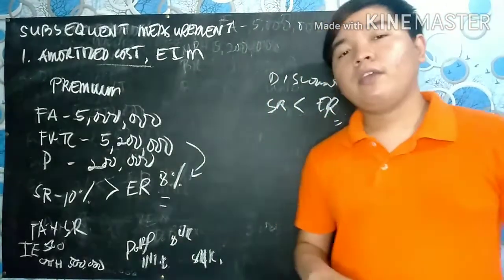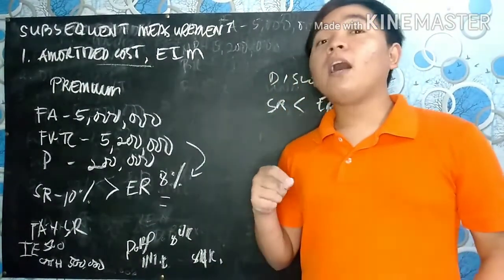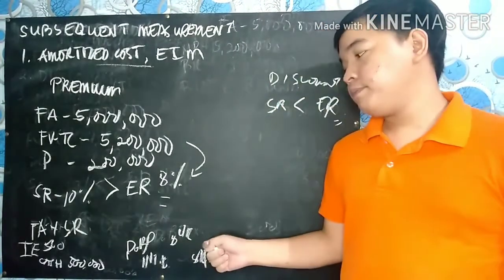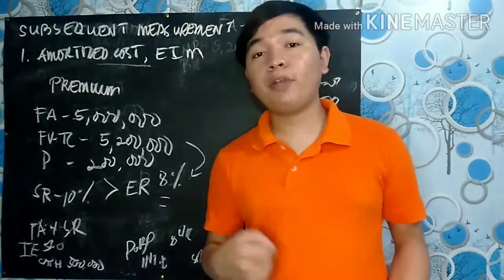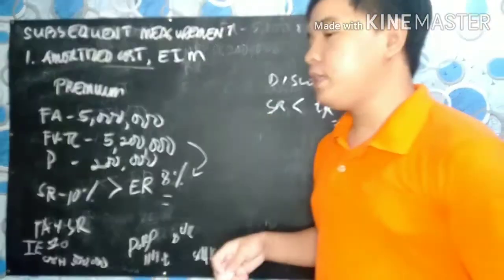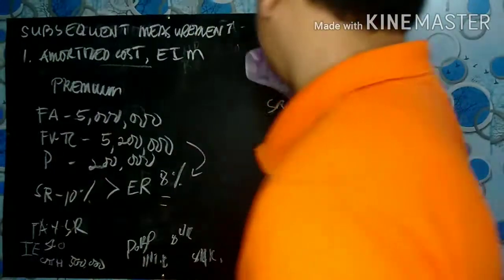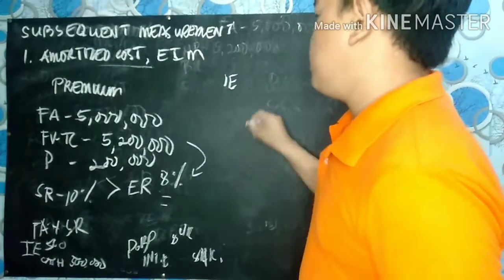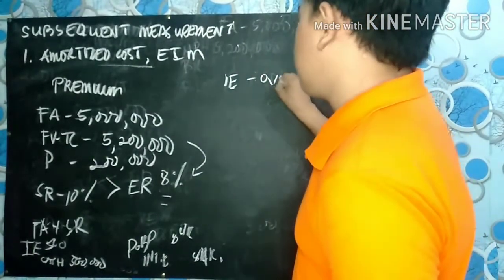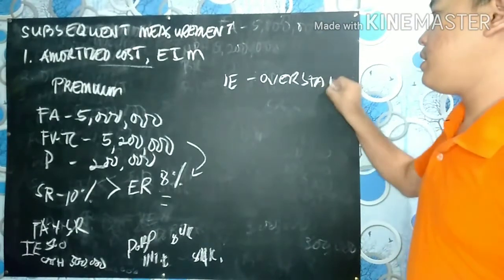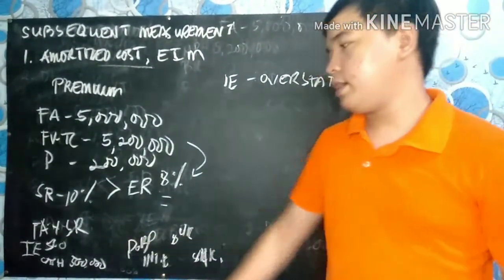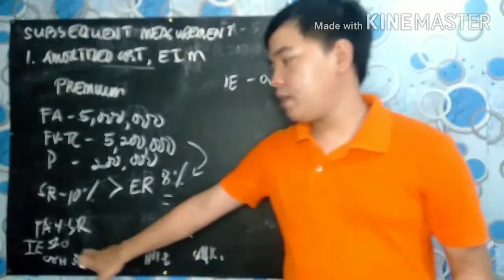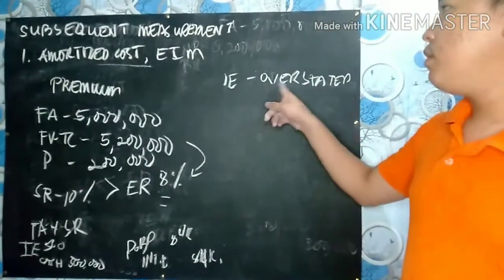Okay. Question. What would be the effect if the issuing entity, the accountant, neglects to record the amortization of the premium on bonds payable? So, the effect would be the interest expense is overstated. Do you agree? Yes. Kasi nga na-neglect mo eh. Na-neglect mo. Ano mangyayari? Mas mataas yung interest expense mo. So, overstated.